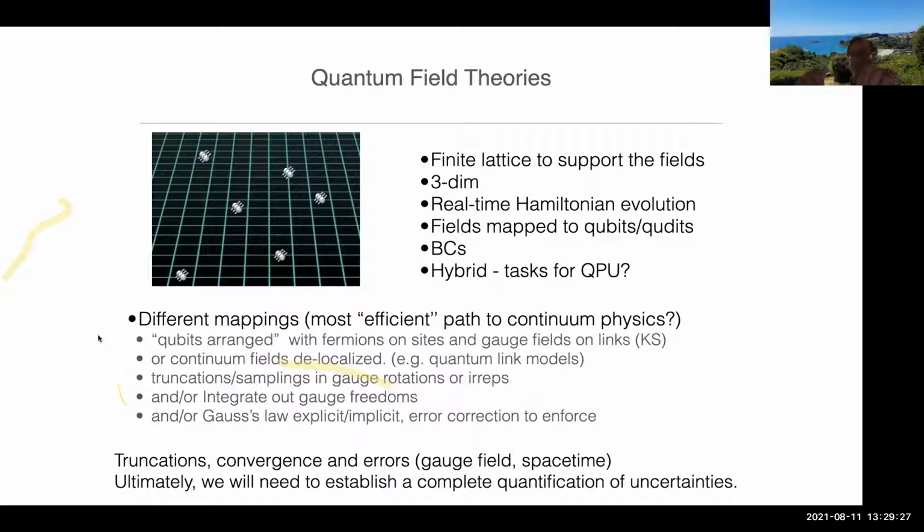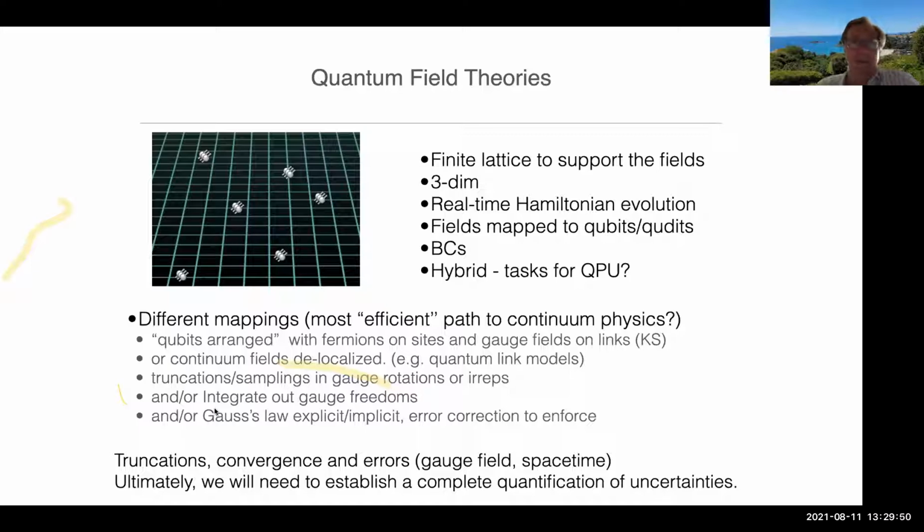Or one can imagine having different numbers of qubits distributed on the lattice sites depending on where the support of the wave function is for particular processes. All of those are reasonable. Some are more advanced in their understanding of the scalability, as I'll mention in a little bit.